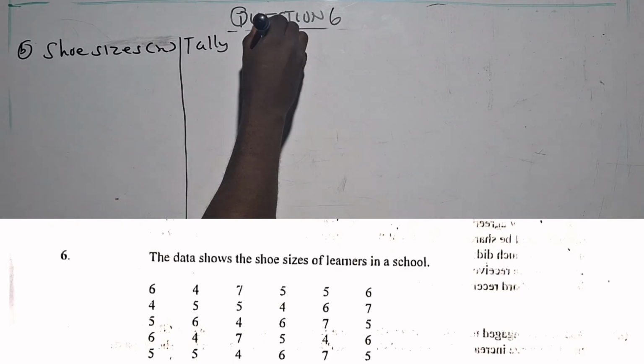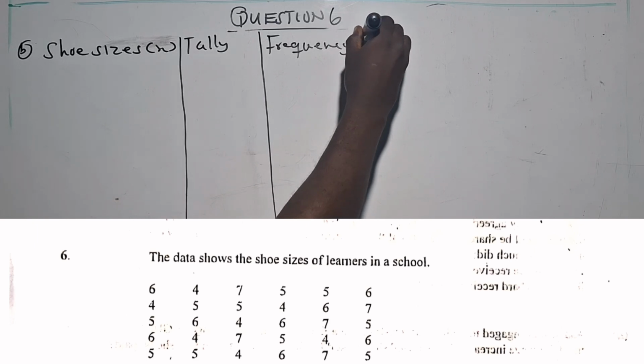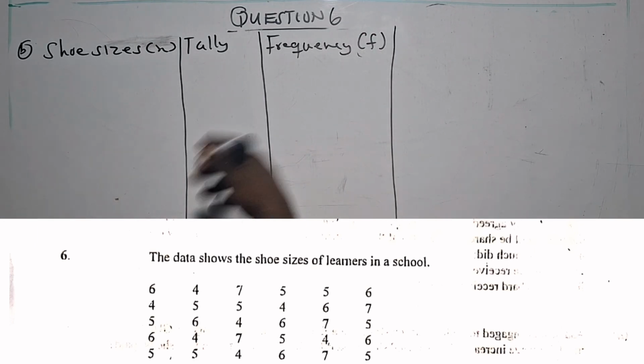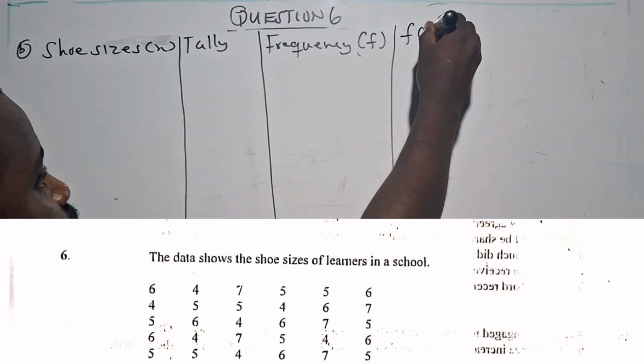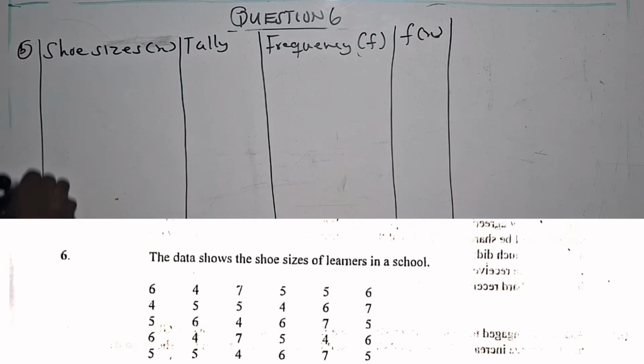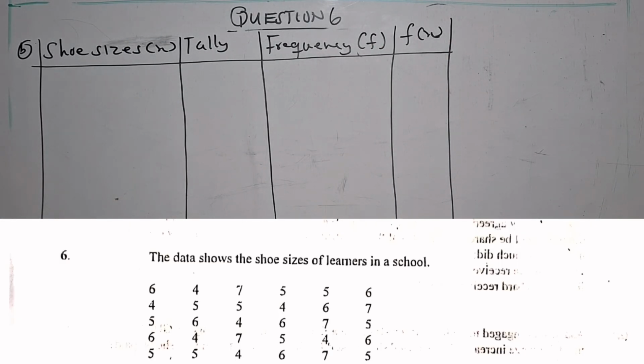Then we are going to have our frequency, which is going to represent our F. Then the other side, which is going to give our F of X. This is how your table is going to look.